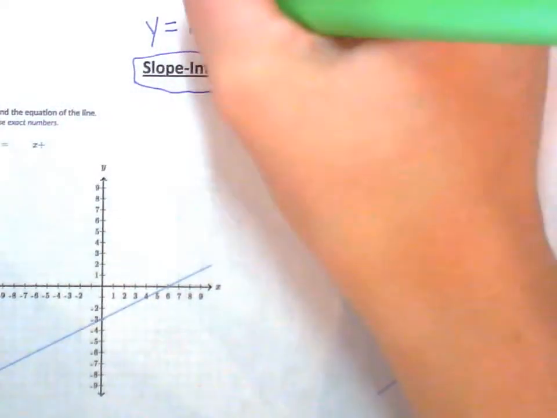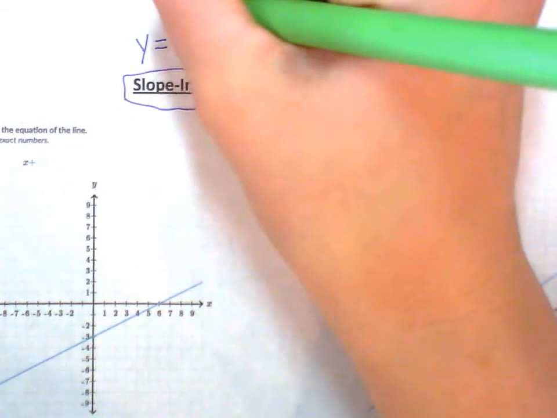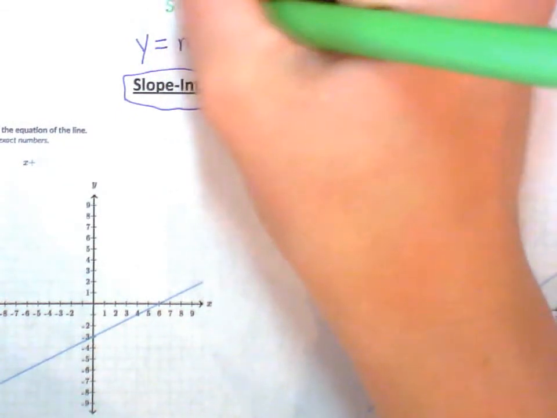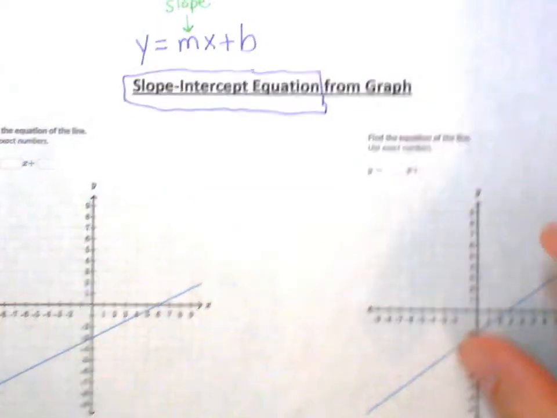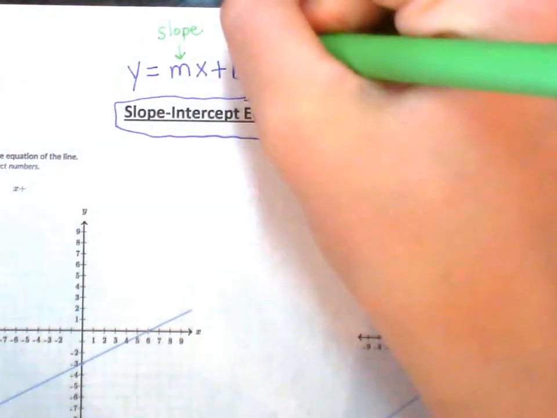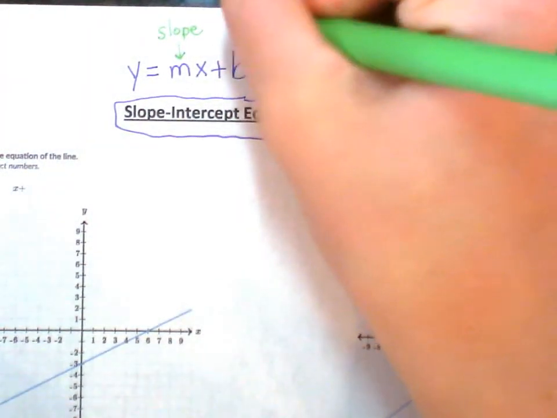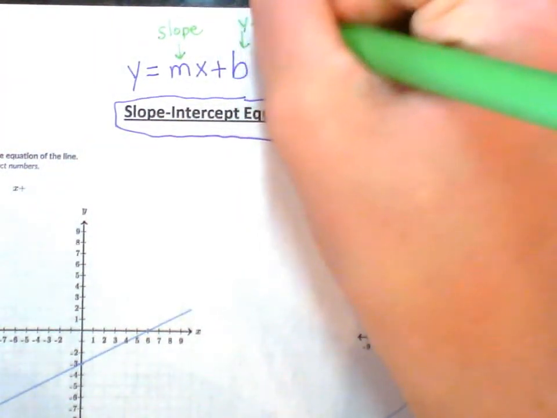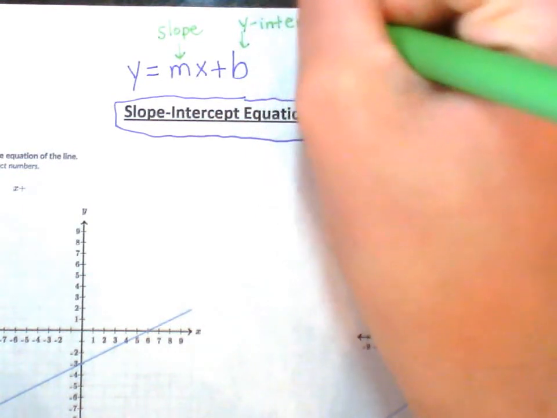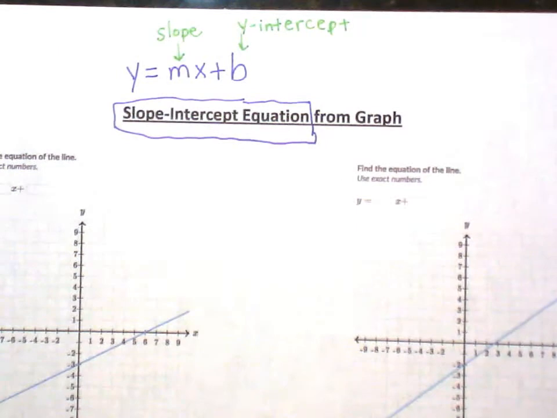But what's so crucial is m, that's our slope. And b, that's our y-intercept. So that's where the line crosses the y-axis.